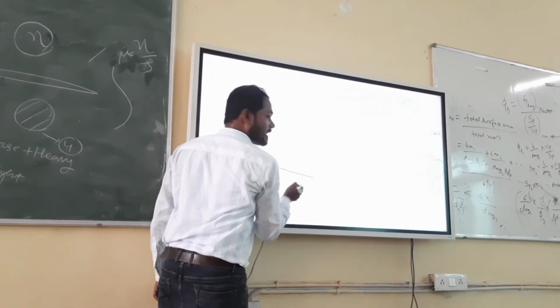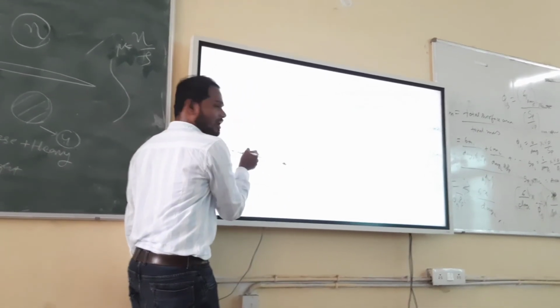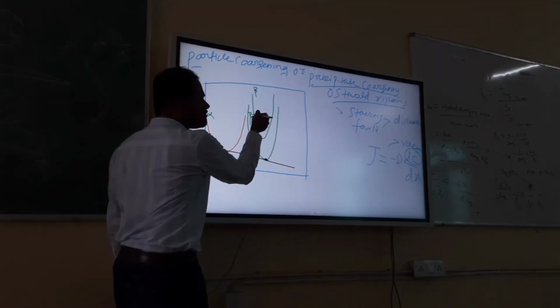Suppose this is the tangent. This composition is in equilibrium with this composition. This composition of alpha is in equilibrium with this composition of the bigger precipitate.